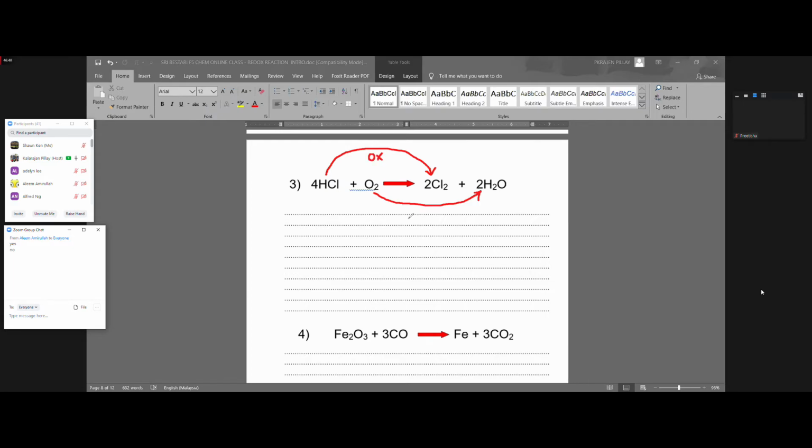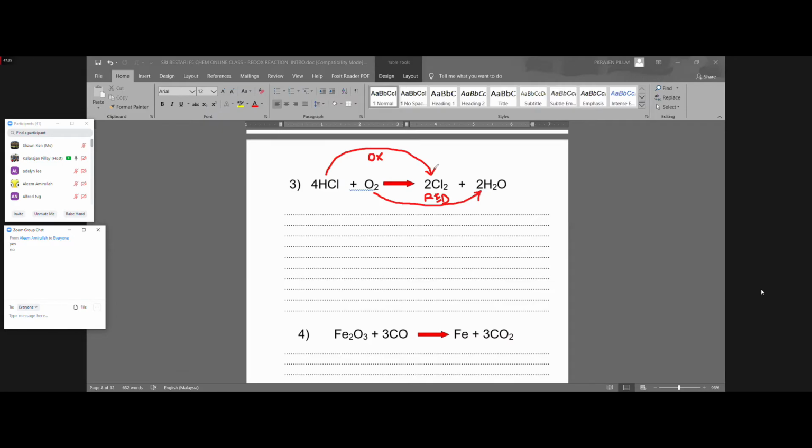This one is gaining hydrogen, correct? When you gain hydrogen, it is reduction. Oxygen is here, now you gain hydrogen; here you lose hydrogen. So it involves hydrogen.